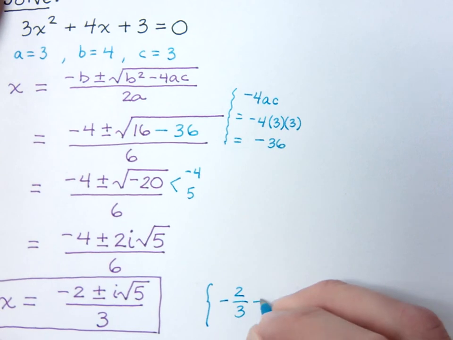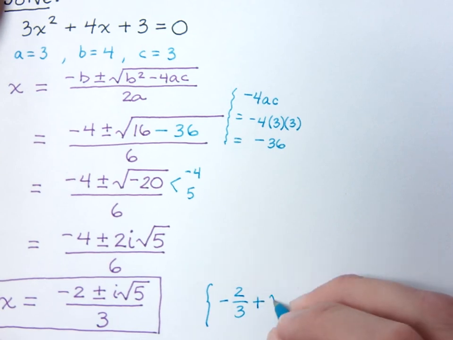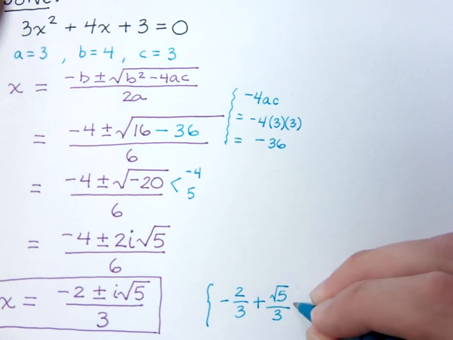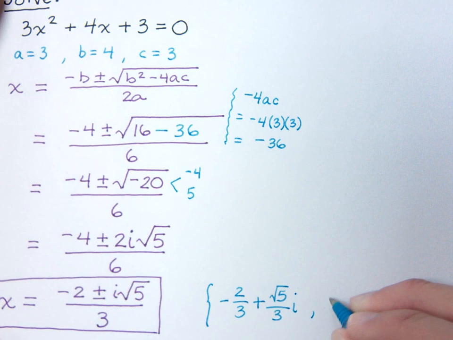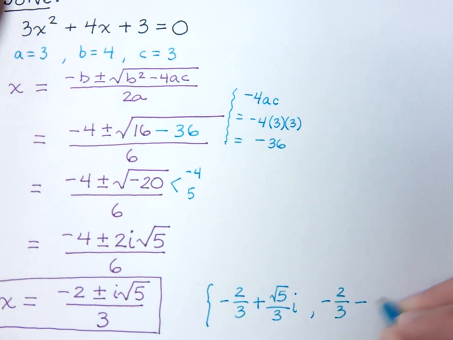-2/3 plus the square root of 5 over 3 i, and the other solution is still a -2/3, and now minus the square root of 5 over 3 i. Now typically we would put the i in front of the radical like what we have here.